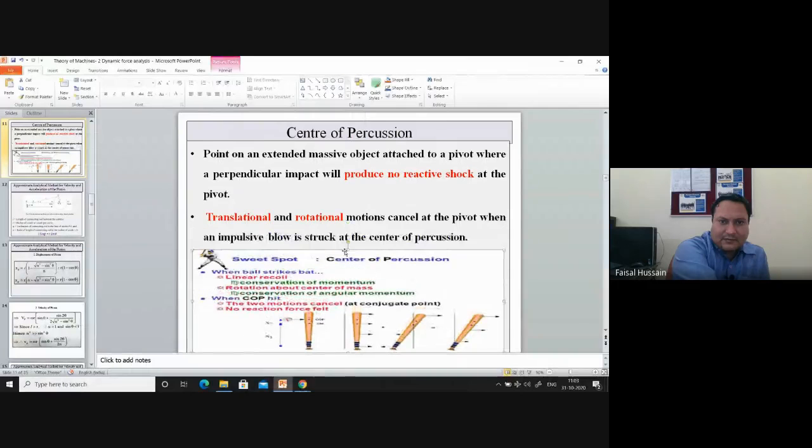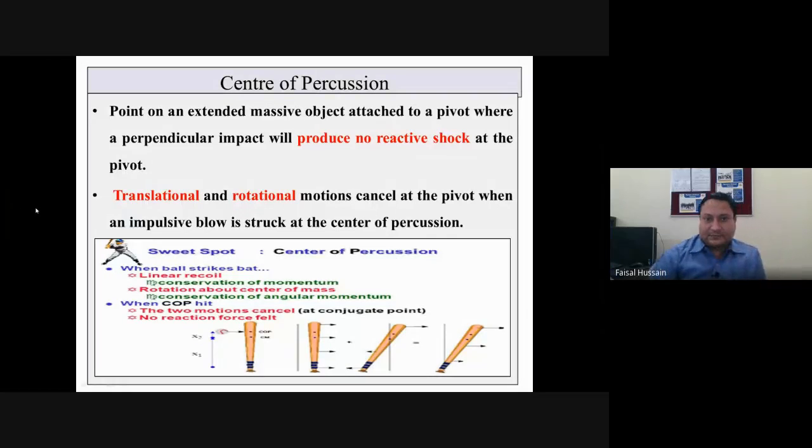Let us see this diagram here. I will give you one example, a best example of center of percussion, so that you will always know the basic concept of center of percussion. See, in cricket bat or in baseball bat, when we are batting, and if the batsman strikes the ball, sometimes what happens?